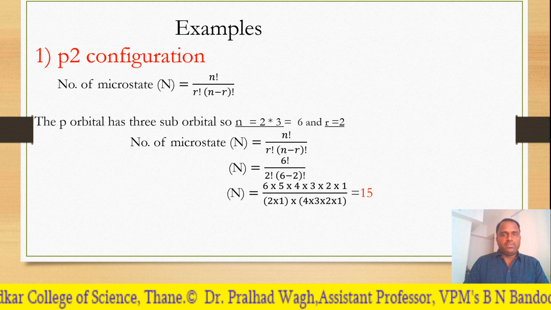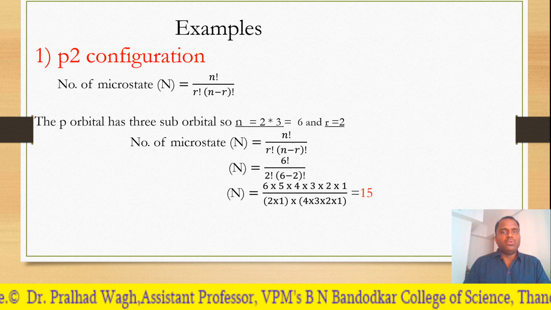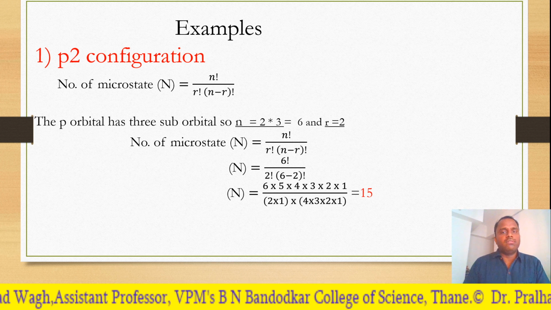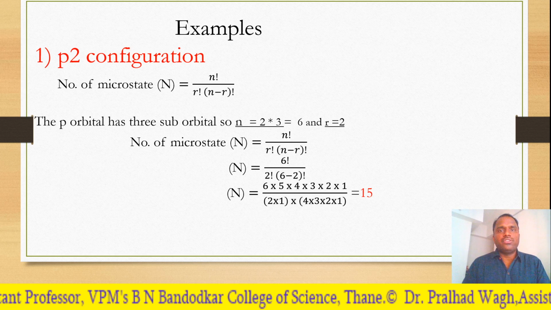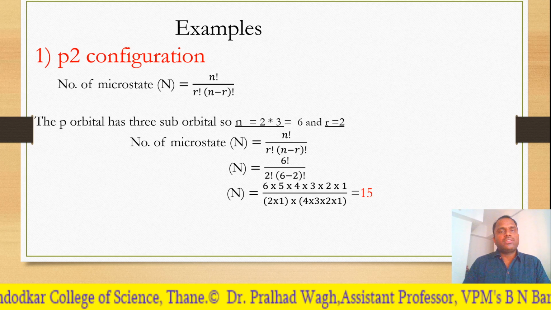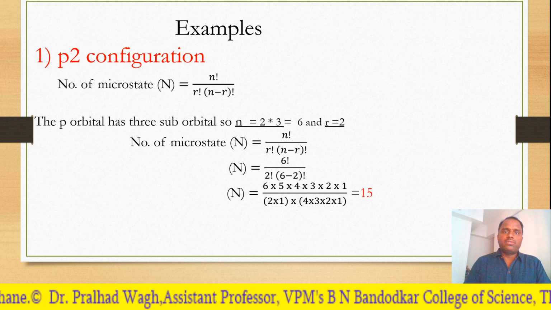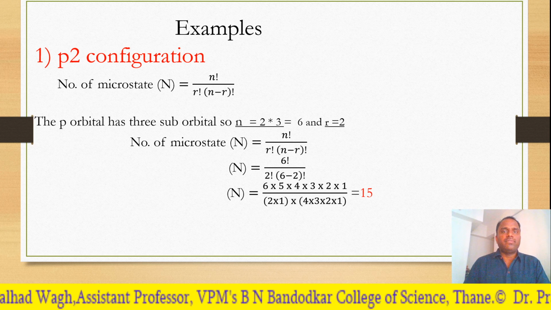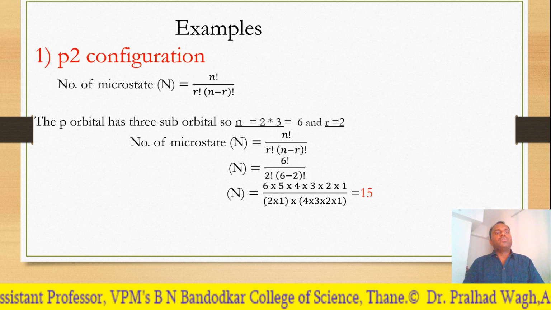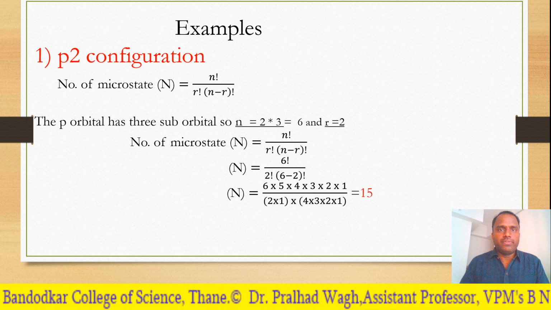So this similar term gets cancelled. On the upper side we get only 6 into 5, and on the denominator side only 2 is there. So 6 into 5 becomes 30, and 30 divided by 2 becomes 15. So a total of 15 microstates are possible for the p2 electronic configuration.